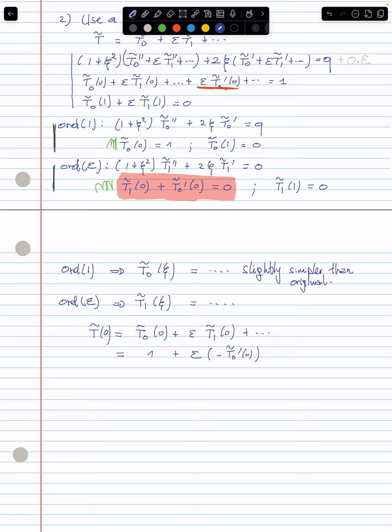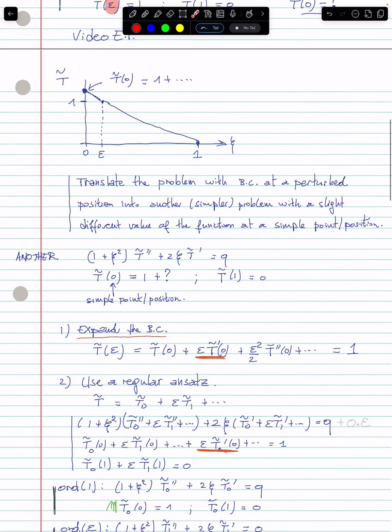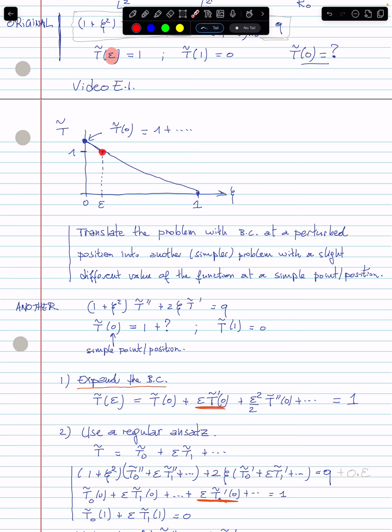So if we are just interested in the correction, the value 1 that we have here is the value measured where the probe is, and the value of the temperature at the roof is something that is slightly larger. So we would hope that this derivative is negative. So we slightly increase the value that is measured at epsilon over 1 in order to get the temperature at the roof.